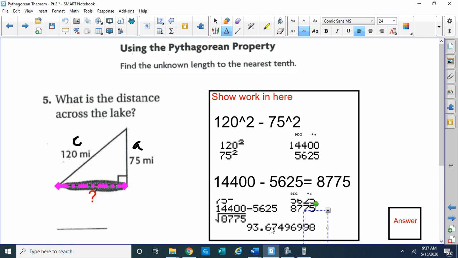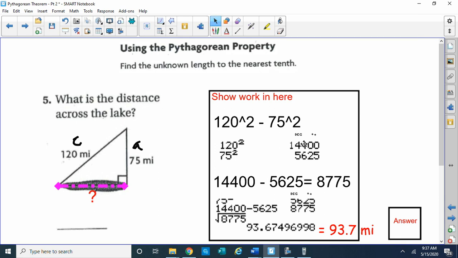If that's 5 or above, I'm going to shove up the 6 by 1. So equals 93.7. And what is that? Miles. So my answer is 93.7 miles.